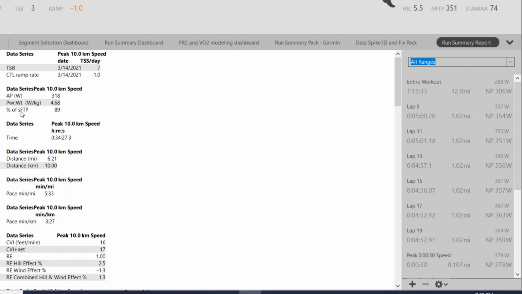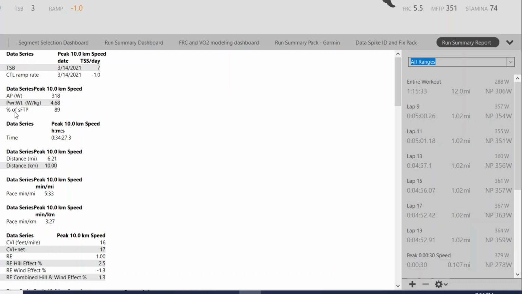I use MFTP for the modeled FTP and SFTP for the set FTP. And that's the one I prefer because I will override MFTP on some occasions, and on some occasions I'll use exactly what MFTP is, but in all cases the SFTP is what I'm operating with for that particular athlete.